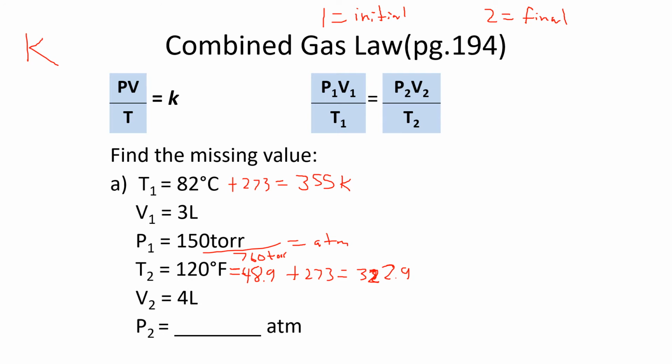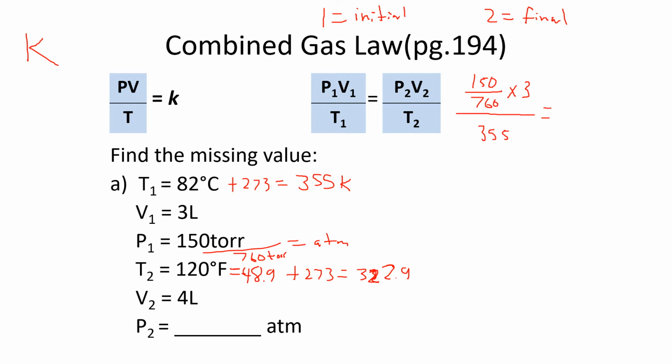All right, so now we're ready to plug and chug. P1: 150 over 760. We're going to round at the end. Volume 1 is 3 liters, and the temperature T1 is 355.